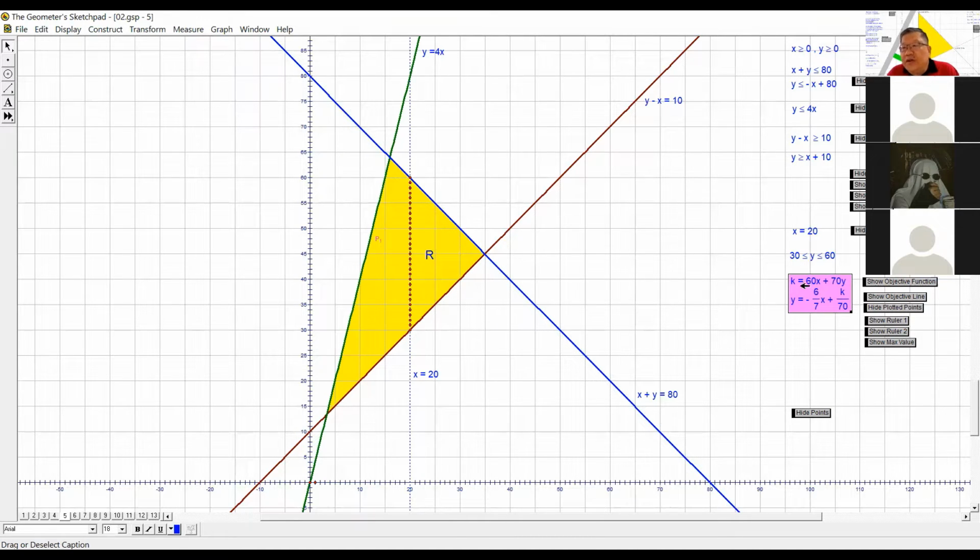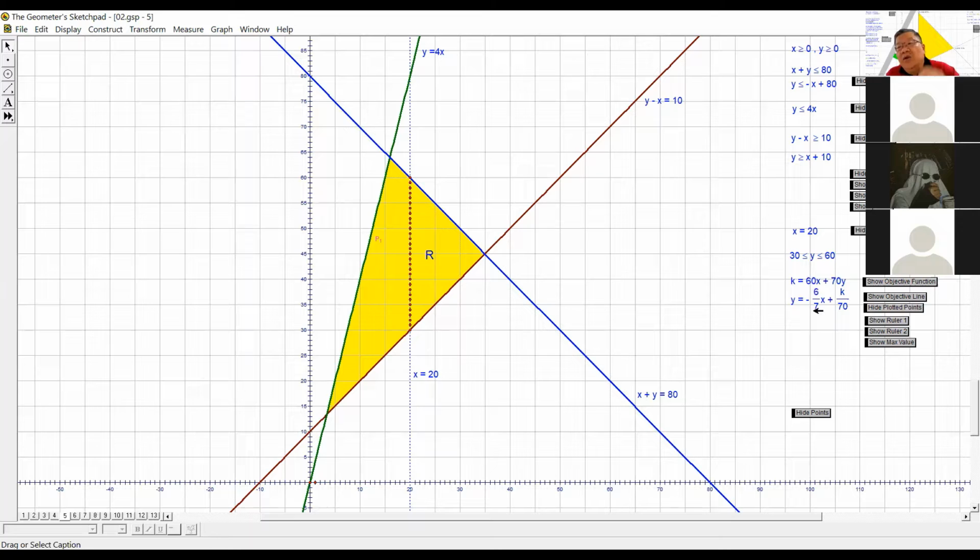So I change this equation into gradient form. It becomes y equals negative 6 over 7 x plus k over 70. From this y equals mx plus c, I cannot plot the y-intercept, which is k over 70, because k is unknown.